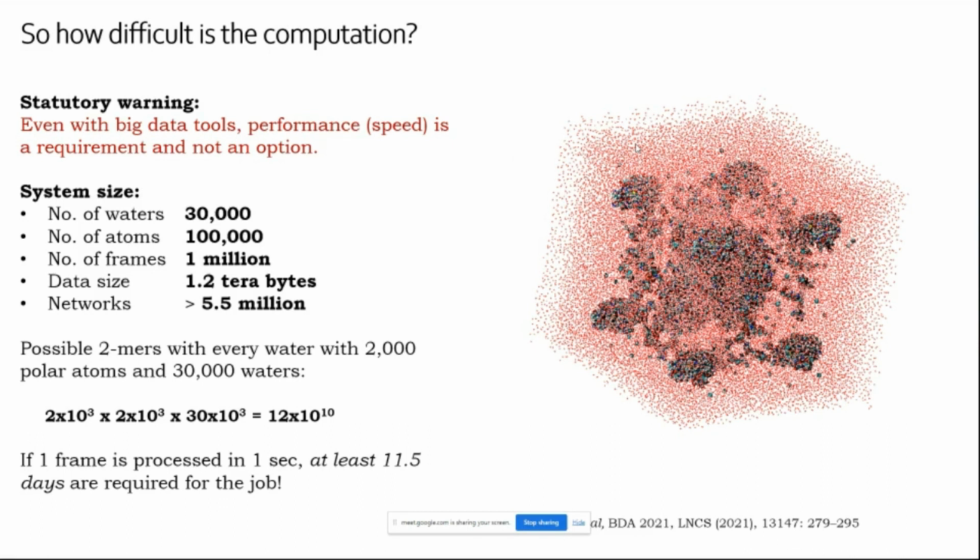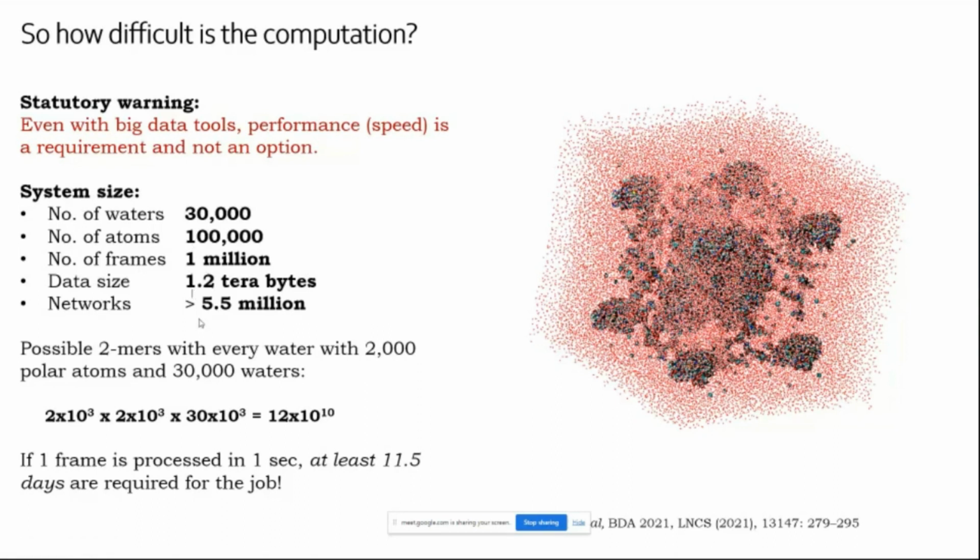Whatever I'm showing you here was one of the two systems on which we have done benchmarking. This one was the smaller of the two. There are 30,000 water molecules here. There are slightly more than 1 lakh atoms; I'll give the exact numbers later. The number of frames is 1 million, and the total data size is 1.2 terabytes.